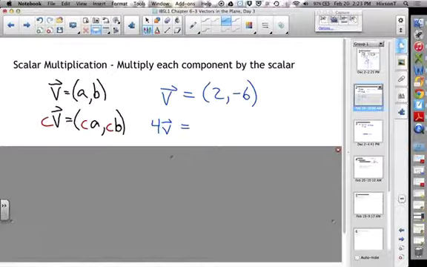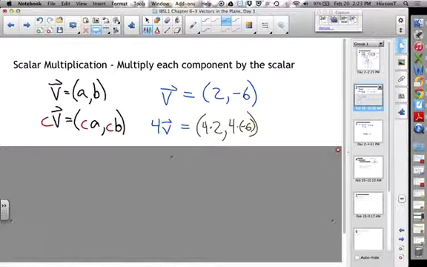So here in this case, if vector v is (2, -6), then if I'm trying to find 4v, I'm going to take the 4 times the 2, and I'm going to take the 4 times the -6 as well.